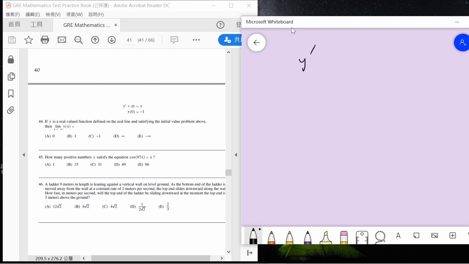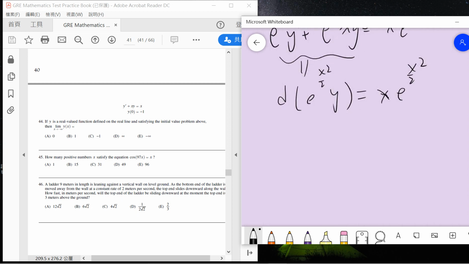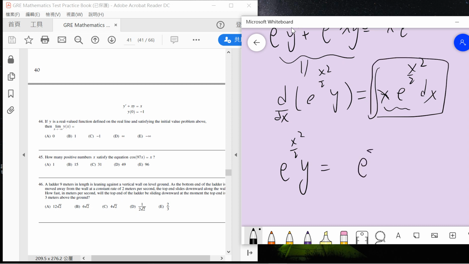Okay, so this is very simple that we can solve it. We just multiply by exponential x squared over 2, and this becomes d of exponential times y. And then we integrate both sides with respect to x. So we got this, and this can be integrated, because this is d of x squared divided by 2, plus some constant.